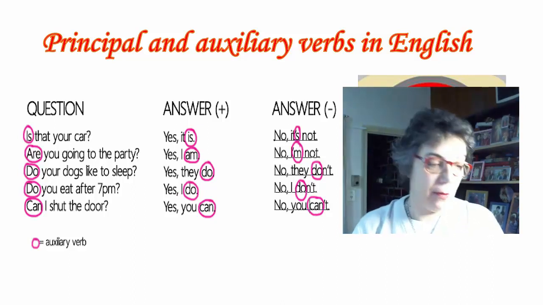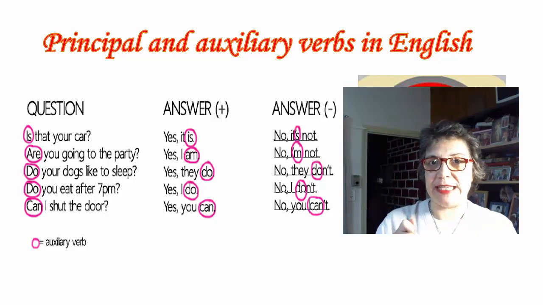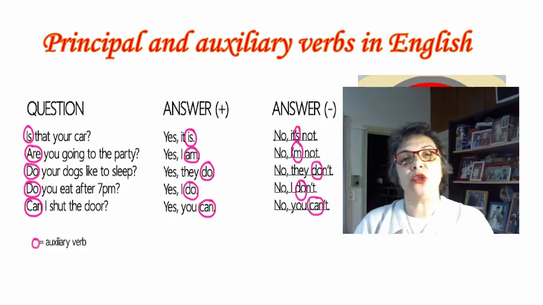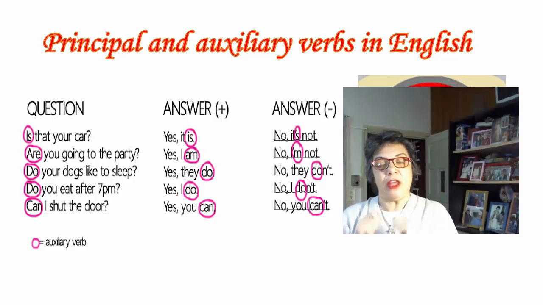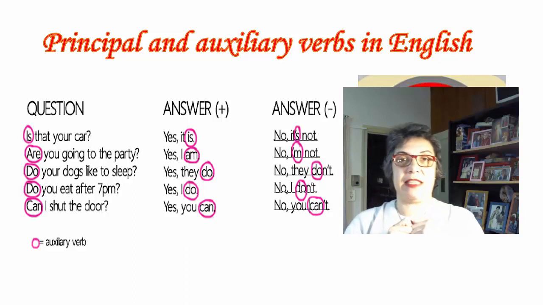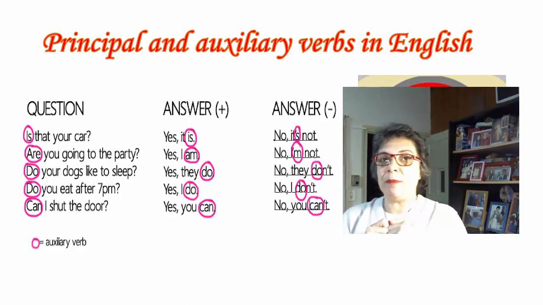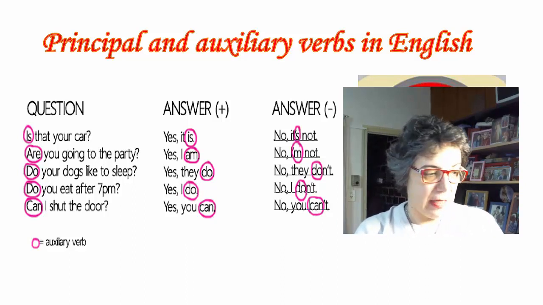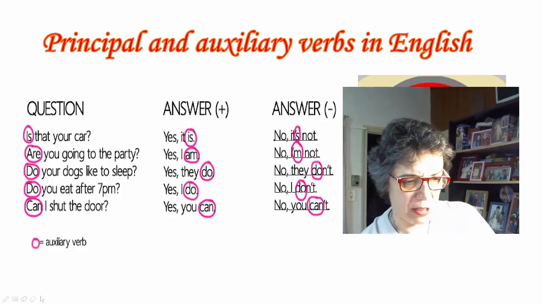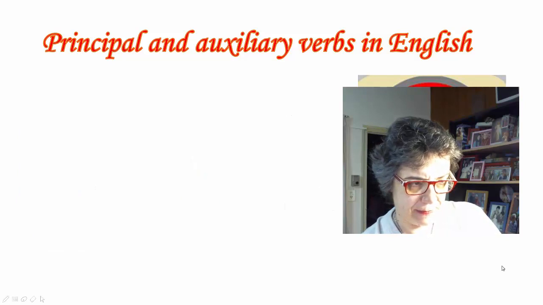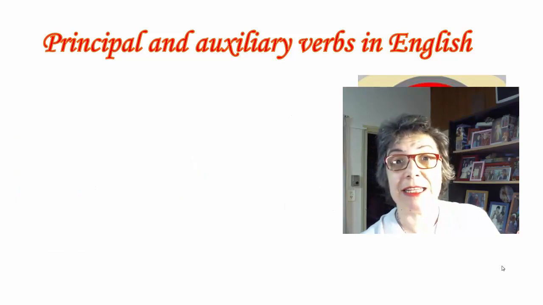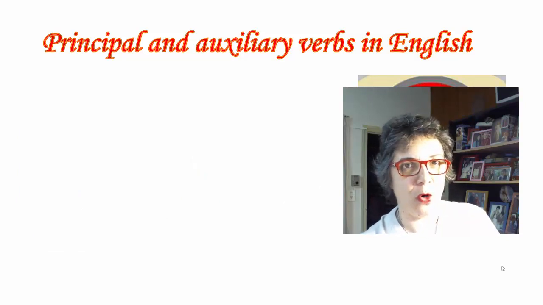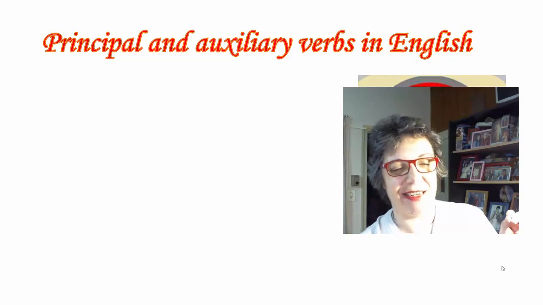Full answer. Or yes, I do. Short answer. So we use the auxiliary verbs in affirmative sentences when we provide short answers only. Well, what else? Nothing else. I hope the difference between principal and auxiliary verbs is a little bit clearer now.